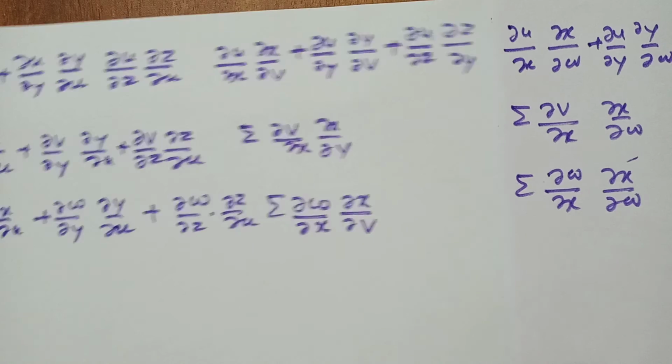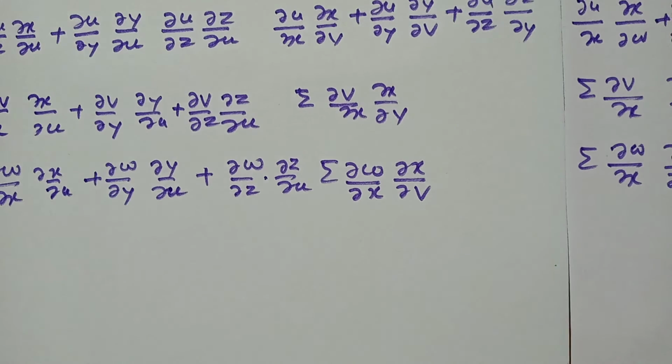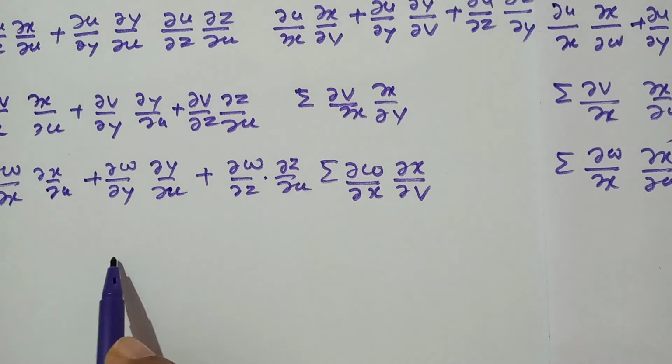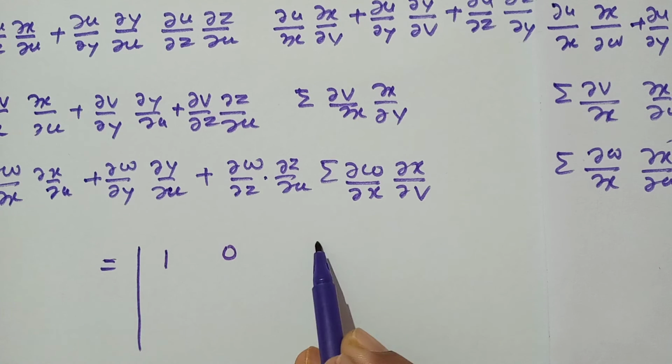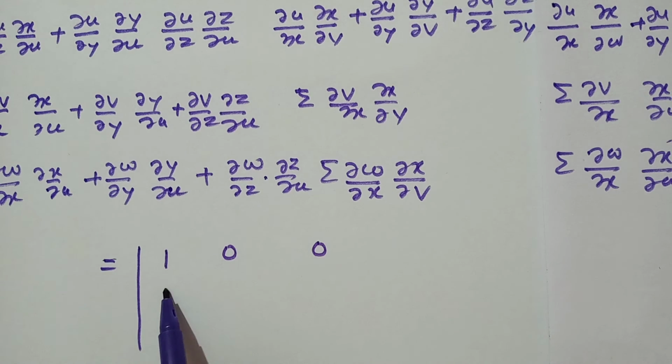Now we will use the definition. So we get here 1, 0 and 0. Here 0, 1, 0, and 0, 0, 1.